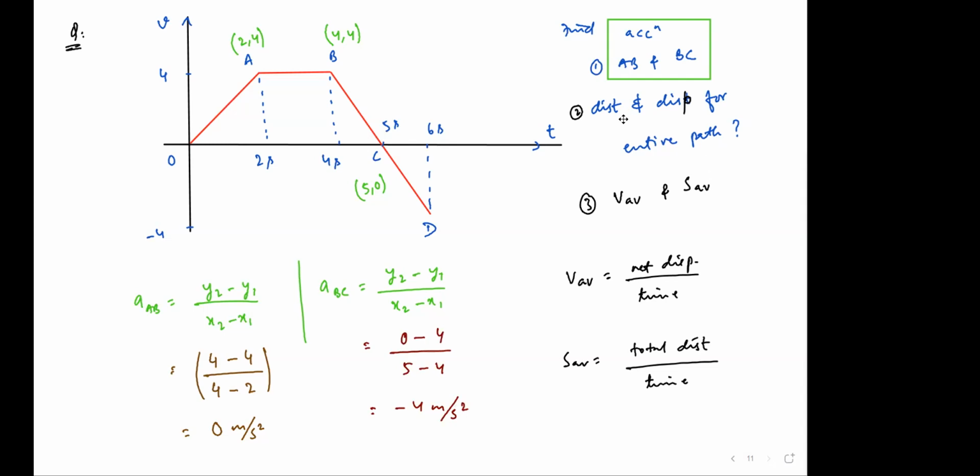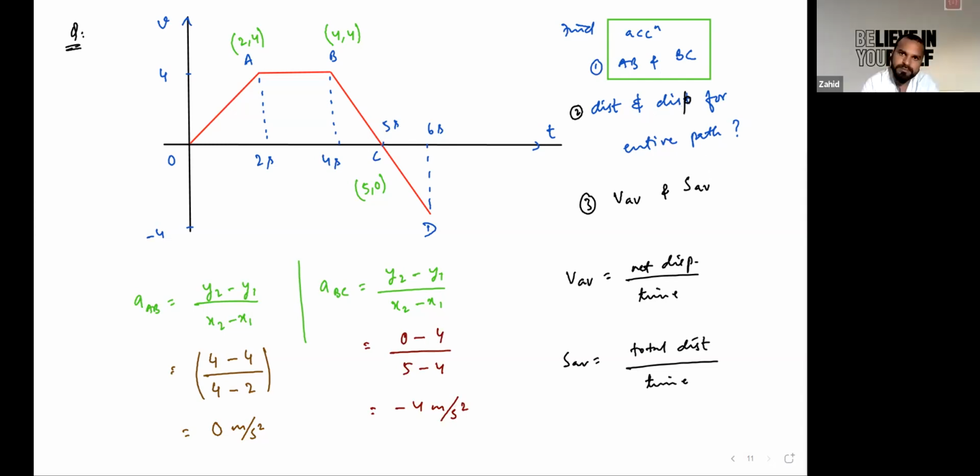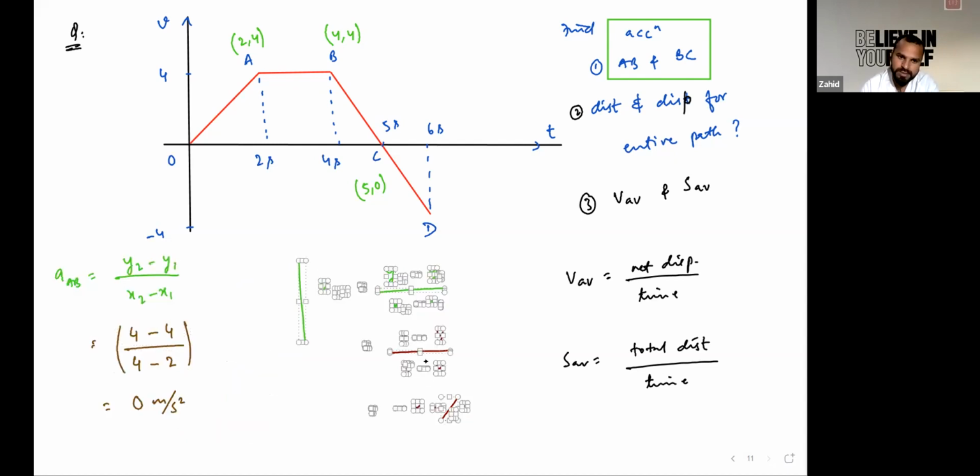The next part is to define distance and displacement. Using the velocity time graph, if we calculate area, it will define your displacement. And if you calculate modulus of area, it will define your distance. So just calculate the area under the graph.